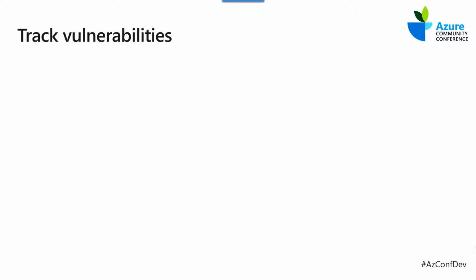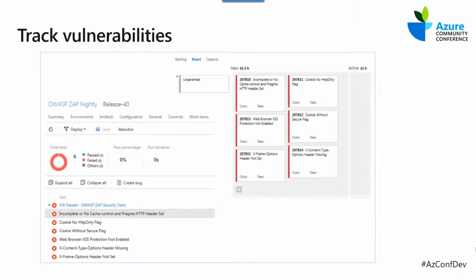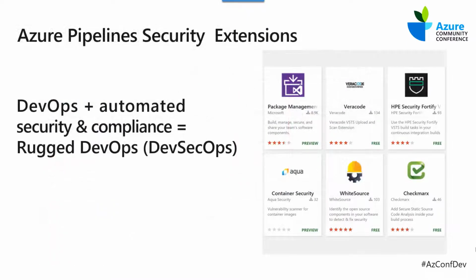Once we find vulnerabilities, we will create bugs in order to track them so we don't forget them as a part of the process. When we look at Azure Pipeline Security Extensions, we have many extensions from many vendors supporting different security practices, either for open source libraries, for source code, for license allowance, and many others.